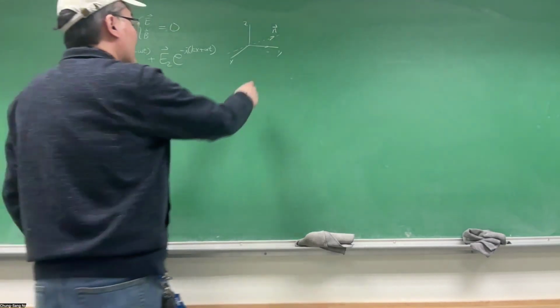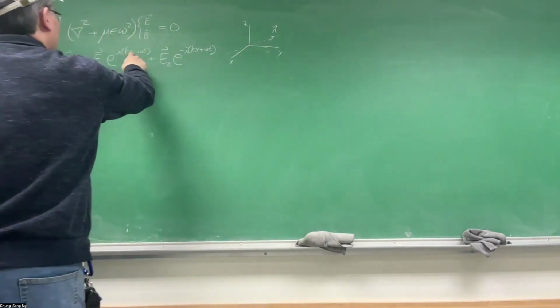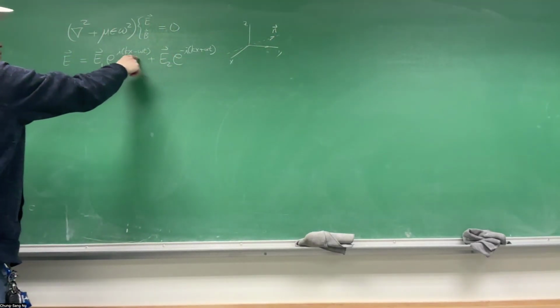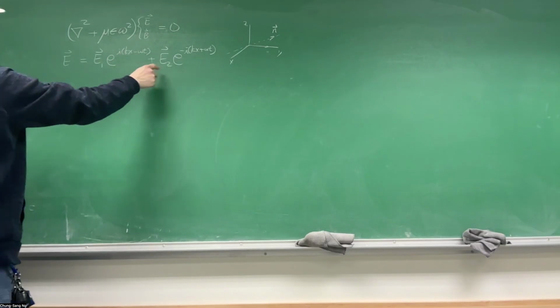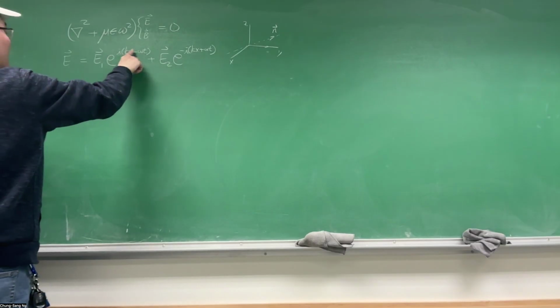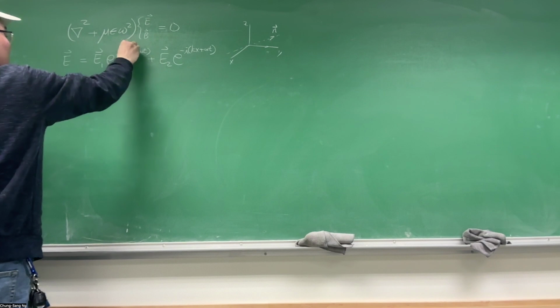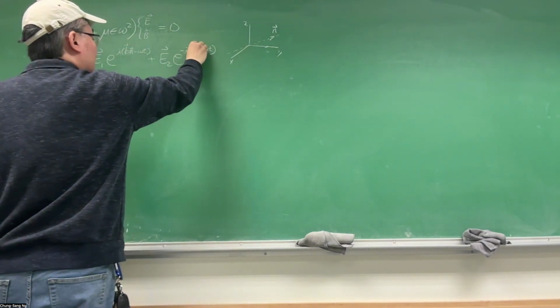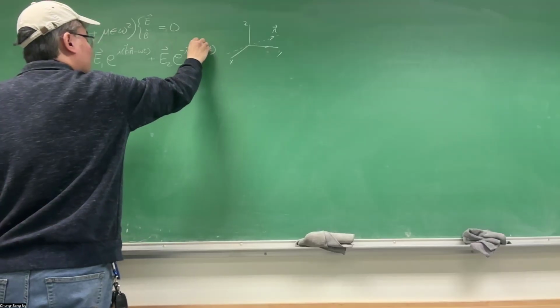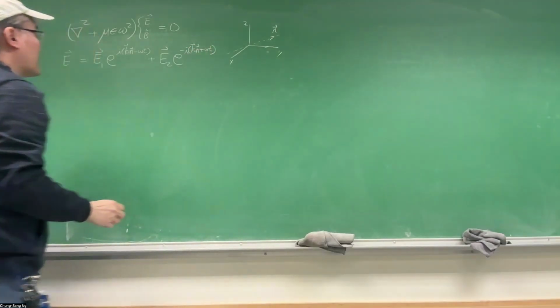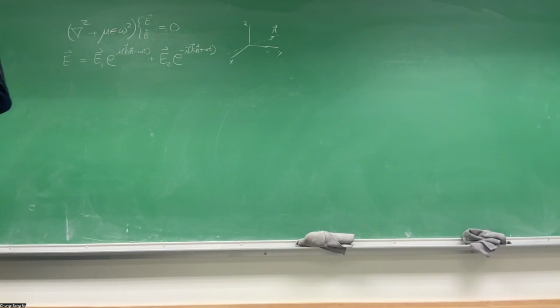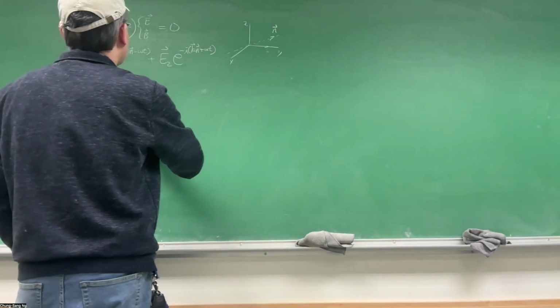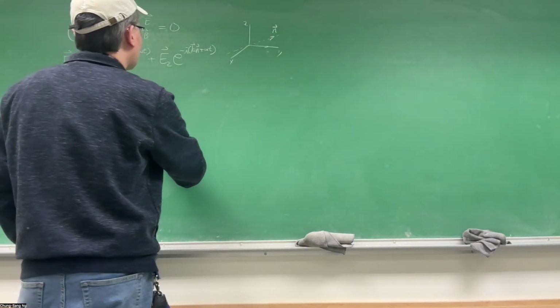So instead of this kx, this becomes k dot n, just basically change it. So that's a plane wave solution.